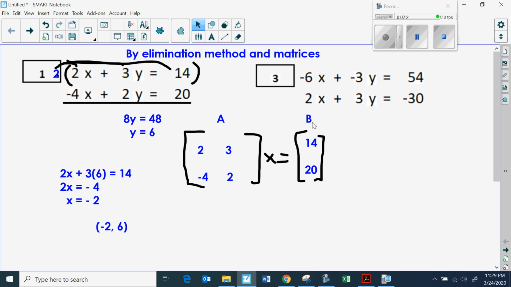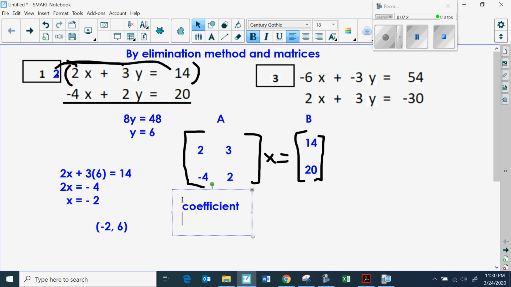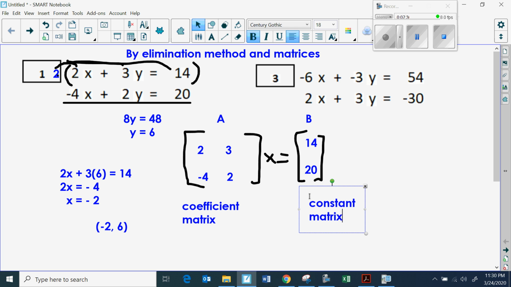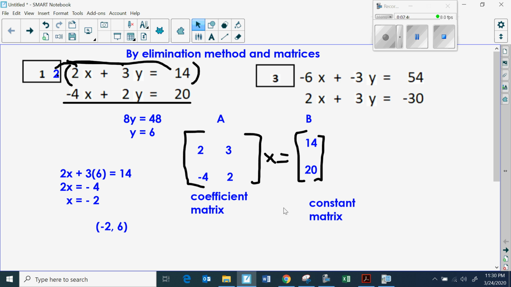And I call that one matrix B. So that's called the coefficient matrix. You've got to get these vocab words memorized. Who knows if I'll just test you on the vocab for what these are called? Constant matrix. It should be easy because we've already had the words coefficient and constant at the beginning of the year. We've talked about it all throughout.